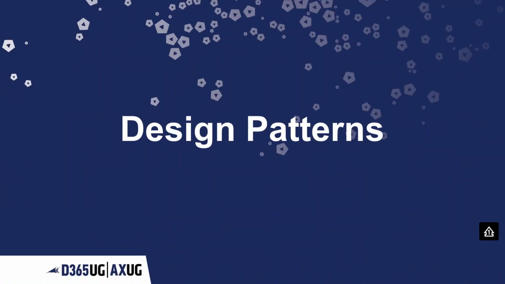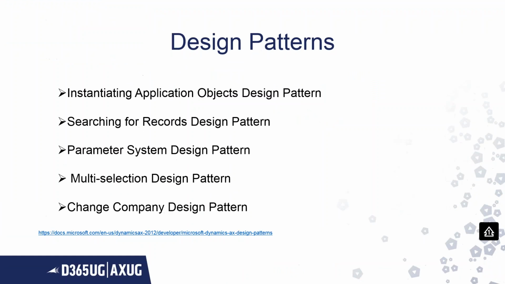So design patterns. In an AX architecture, in a three-tier architecture, there is a client, there is an AOS, and there is a database. Inside the client, there are lots of forms, lots of tables, lots of menus, menu items, and the list goes on.